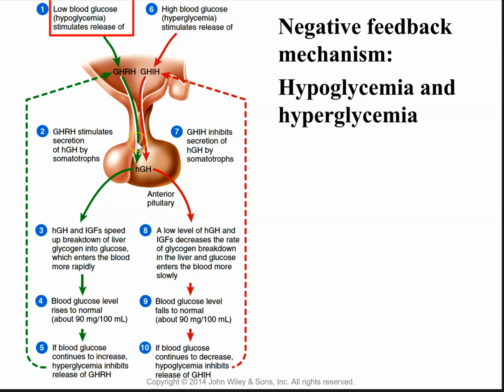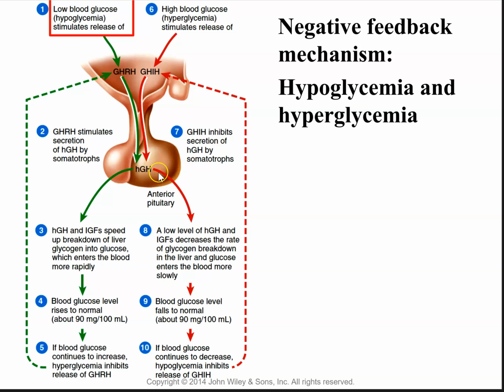When the growth hormone releasing hormone reaches the anterior pituitary, it stimulates somatotropes, which are nothing but the cells that secrete growth hormone, right? So it stimulates somatotropes to release growth hormone.